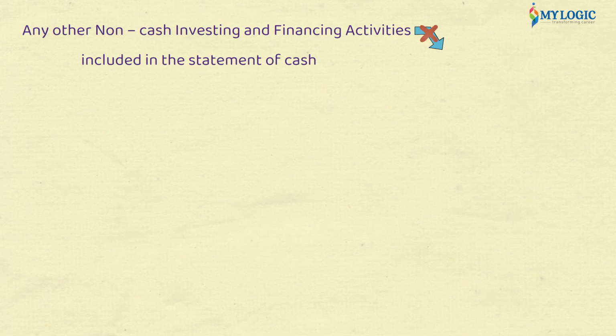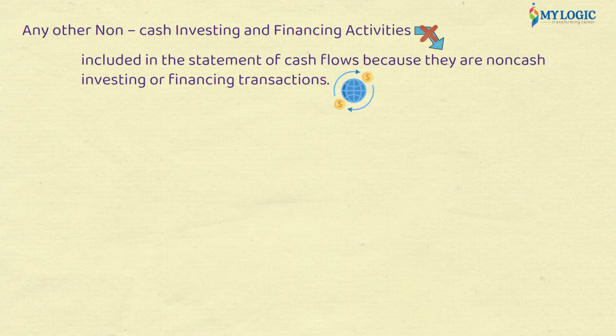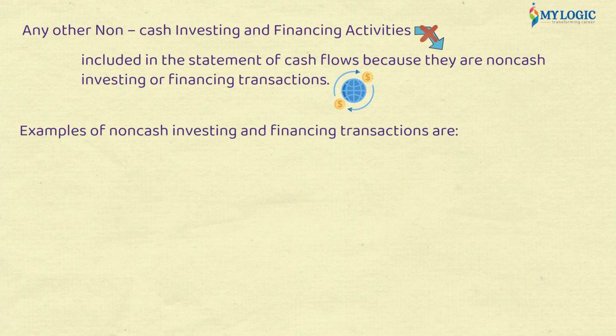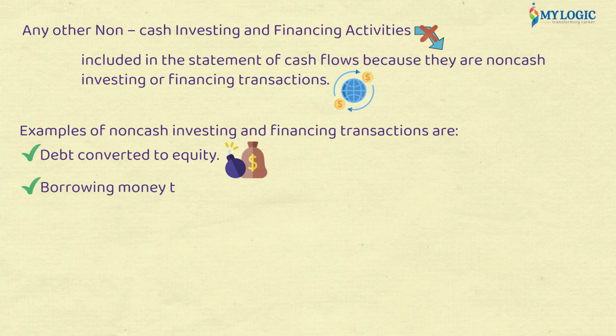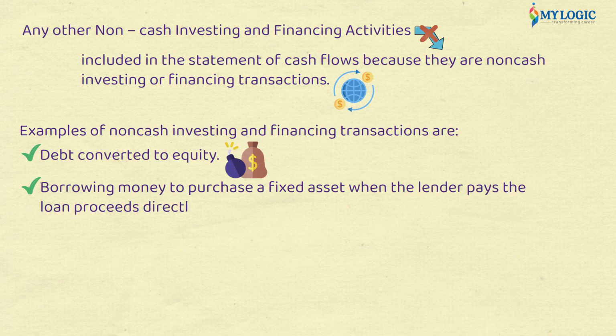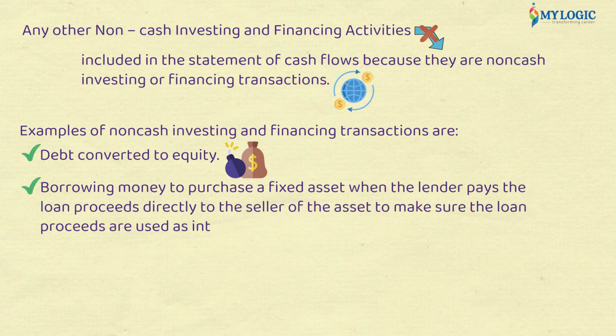Any other non-cash investing and financing activities are not included in the statement of cash flows because they are non-cash investing or financing transactions. Examples of non-cash investing and financing transactions are: Number 1. Debt converted to equity. Number 2. Borrowing money to purchase a fixed asset, when the lender pays the loan proceeds directly to the seller of the asset to make sure the loan proceeds are used as intended.